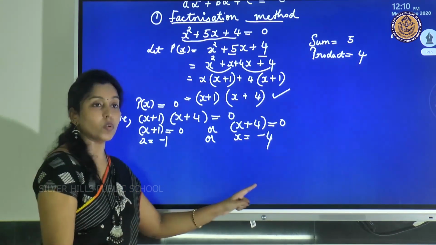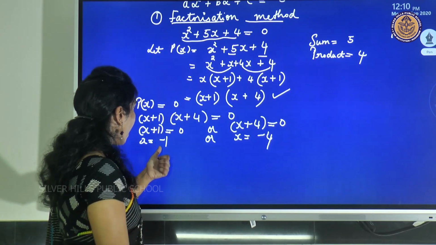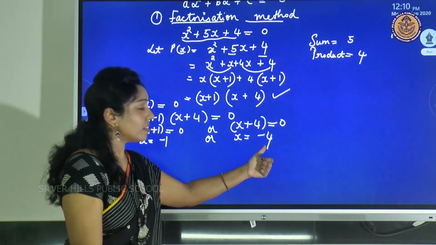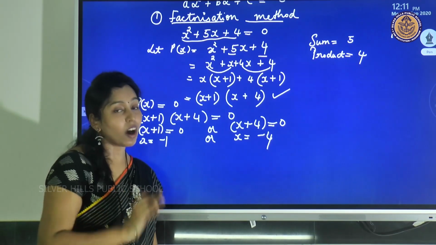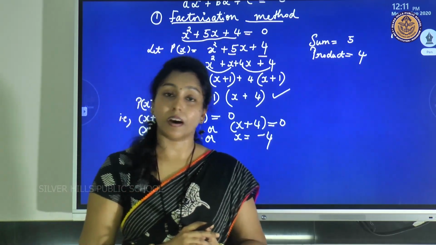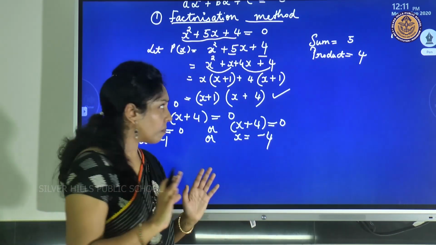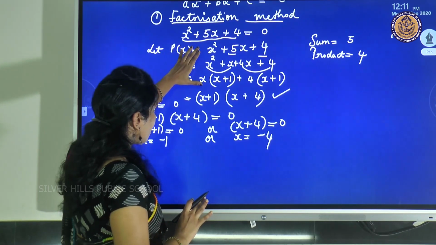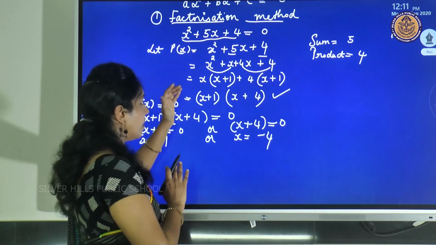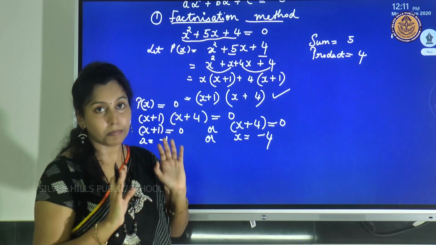So how many roots or how many values of x are there? You have minus 1 and minus 4. So that's how we find the roots of a quadratic polynomial, by the method of factorization. We just factorize the left hand side, that is a quadratic polynomial, using splitting the middle term.